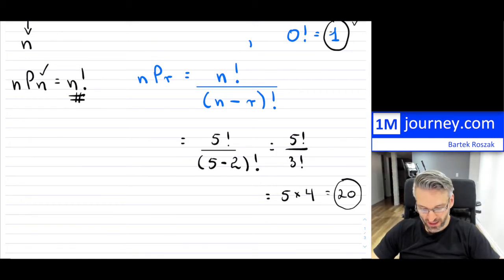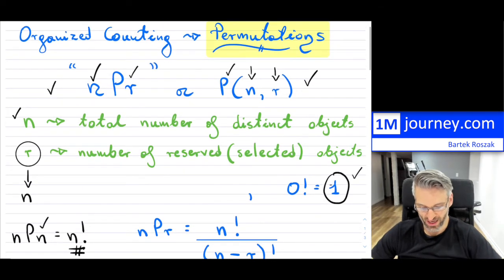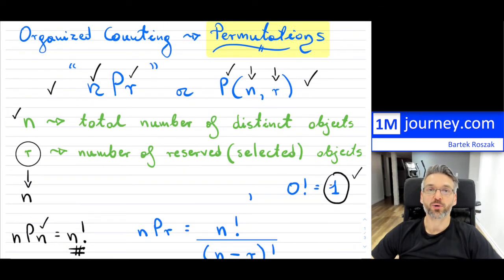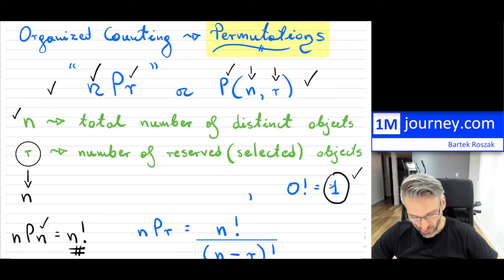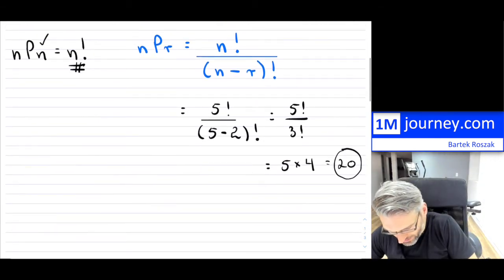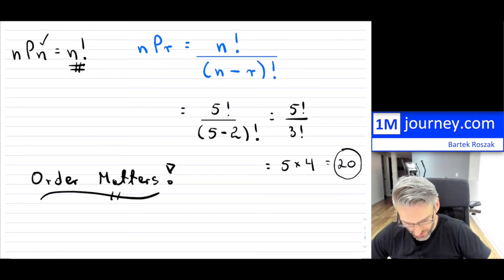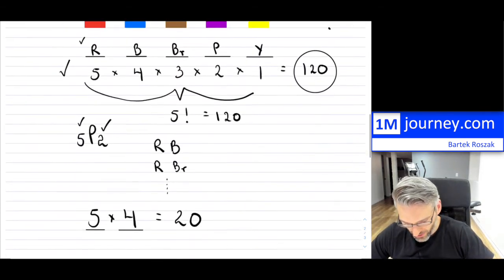Now, when you're first getting introduced to permutations, I haven't said it as yet, but in permutations, order matters. So when you're selecting these and ordering things, order does matter. Now, what do we mean by this? Order matters, what does that mean? If I go back to our example, what do I mean by order matters?